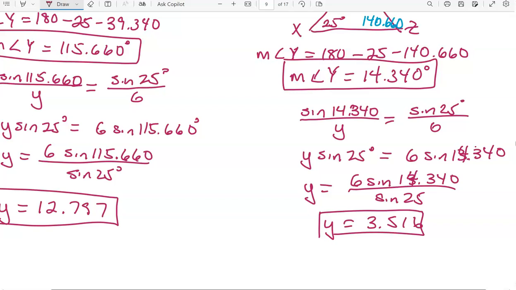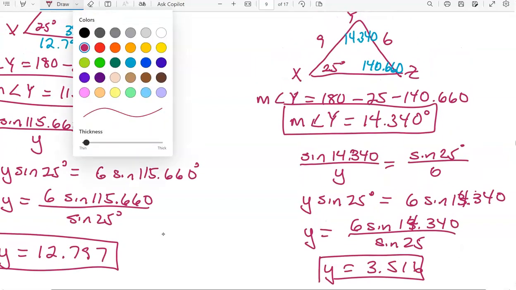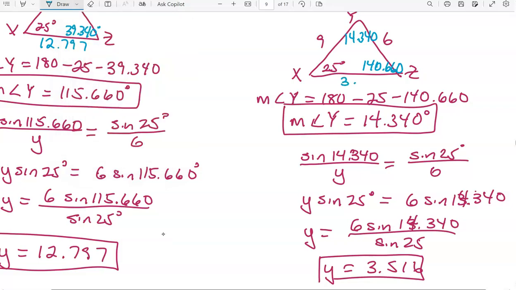And then I'm going to insert that into our diagram, and we're going to talk about sense making, 3.516. And indeed, that smallest angle, 14.340, is opposite the smallest side, 3.516. Largest angle, 140.660, is opposite the largest side, 9. So this answer makes sense.